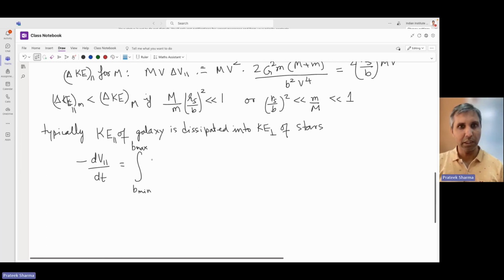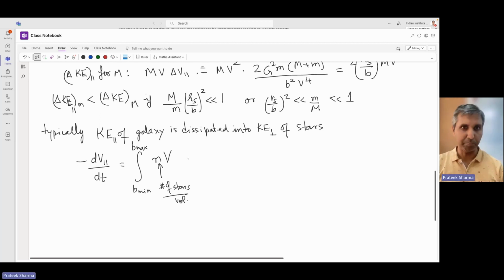Okay, so this is n times the velocity. So this is number of stars per unit volume. Let's assume that there are stars with this density. This is the velocity of this galaxy.